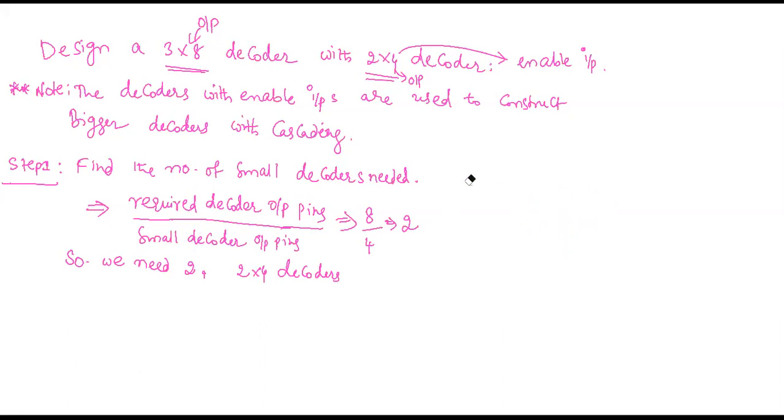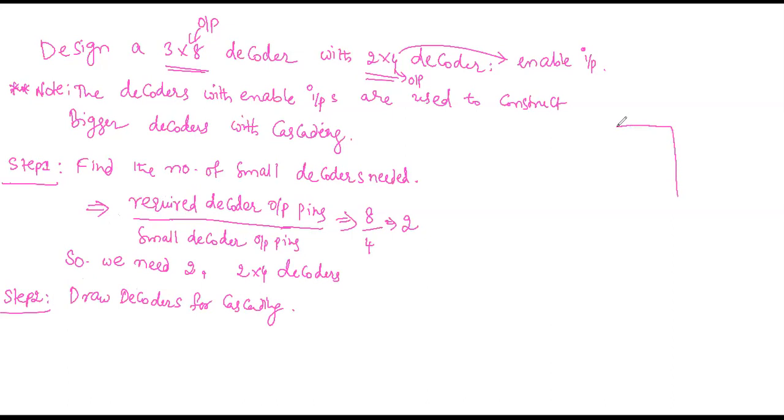Like that you need to decide. Step 2. Draw decoders for cascading.